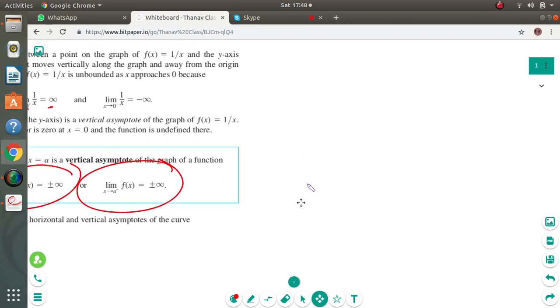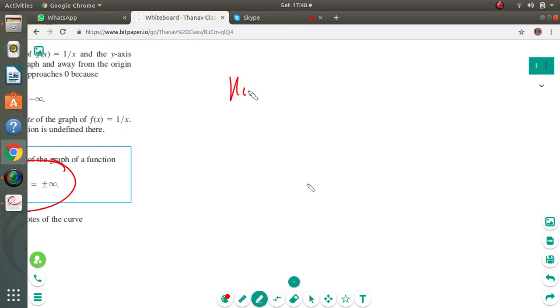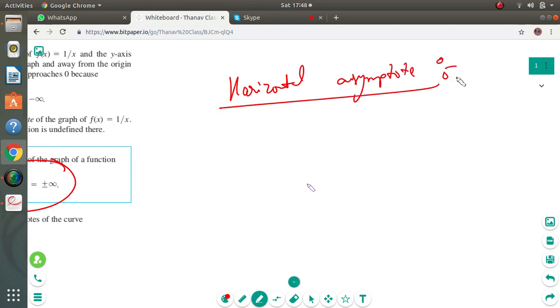Now, you can write here the definition of horizontal asymptote. So same here, in terms of limits, write the equation for horizontal asymptotes. The definition was that the limit of f(x) is equal to infinity.